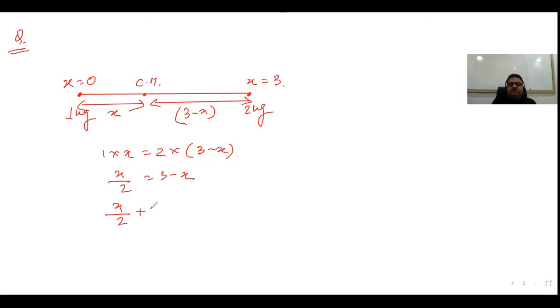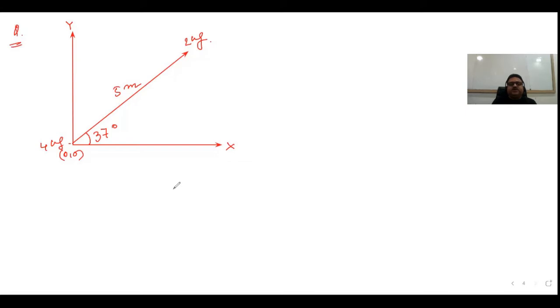Therefore 3x is equal to 6, so x equals 2. See how simply we can calculate it. These are very simple problems, but I am showing you so that I can clear your concept. Now let me show you a few more problems related to this.